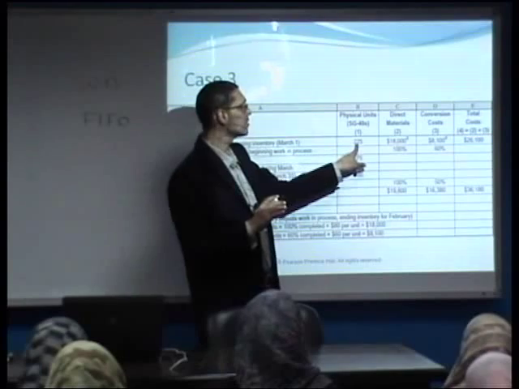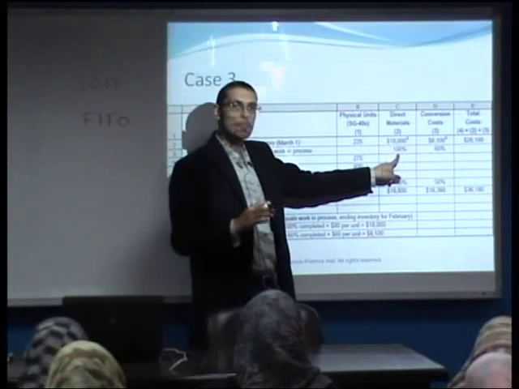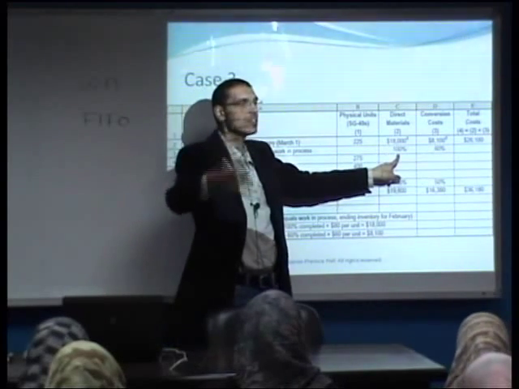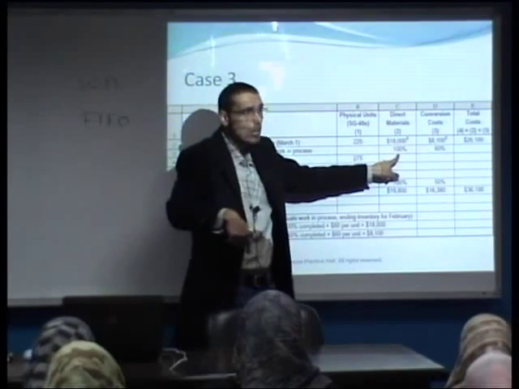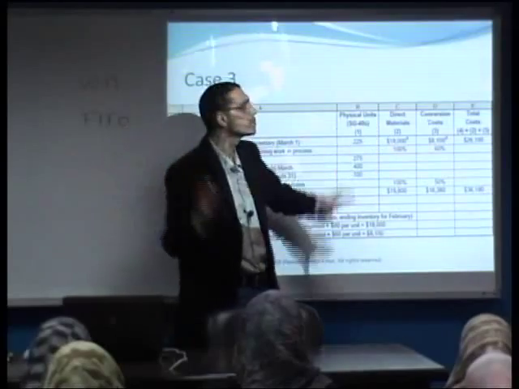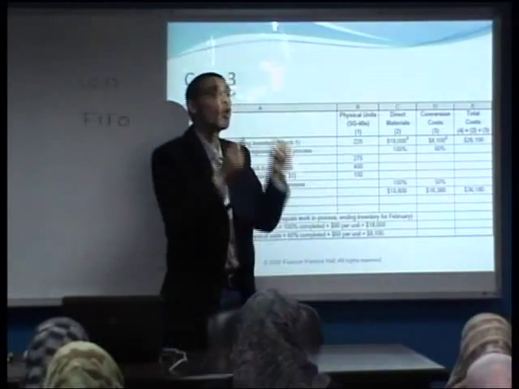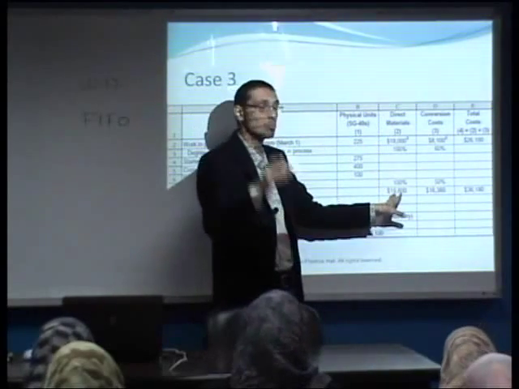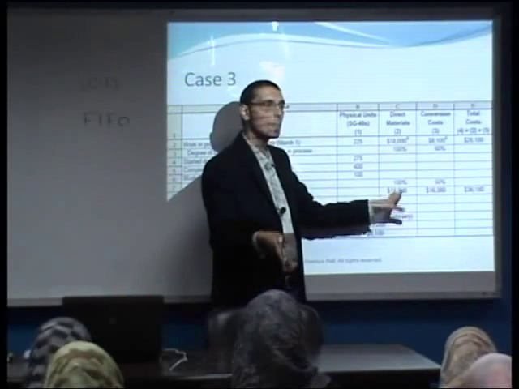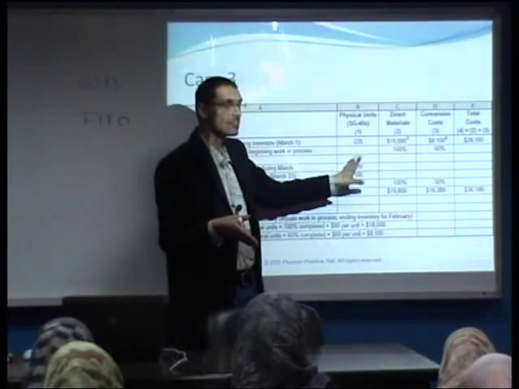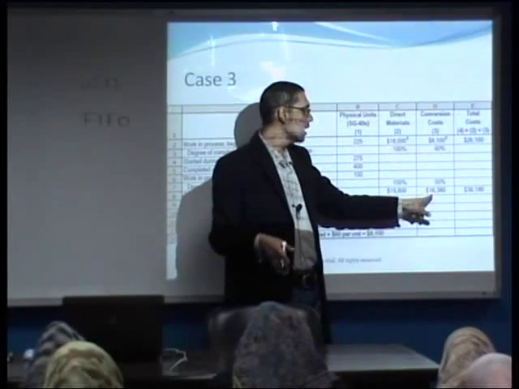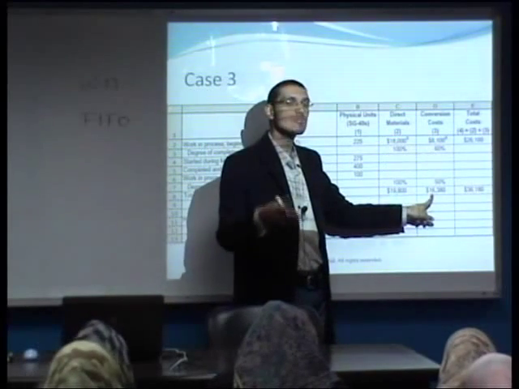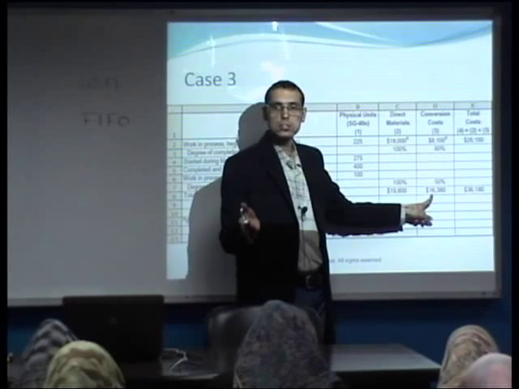For the 225, we have already placed the total direct materials they need in the previous month, correct? Therefore, in this month, we will not add any direct materials for the 225. Therefore, all the costs of direct materials that were incurred in this period are related to the 275 units, correct? While for the conversion cost, we incurred $16,380.